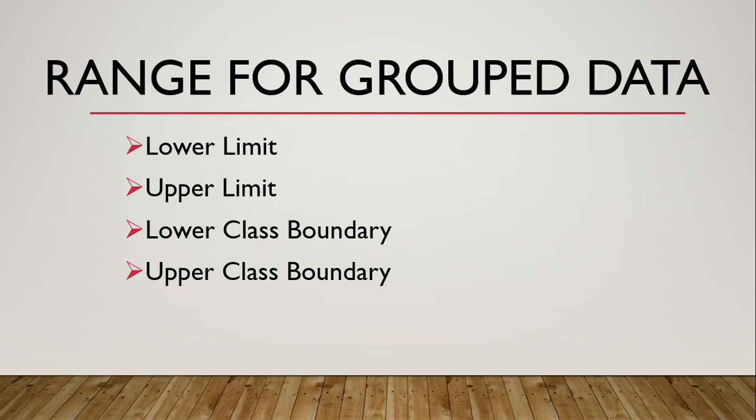Yung lowest class boundary po, that is the given class obtained by averaging the upper limit of the previous class and the lower limit of the given class. While the upper class boundary is the boundary of a given class which is obtained by averaging the upper limit of the class and the lower limit of the next class.